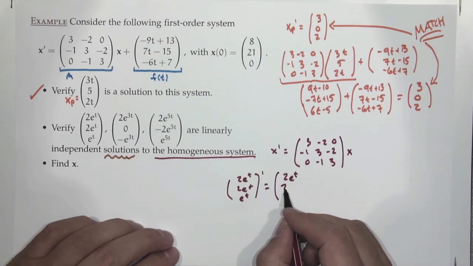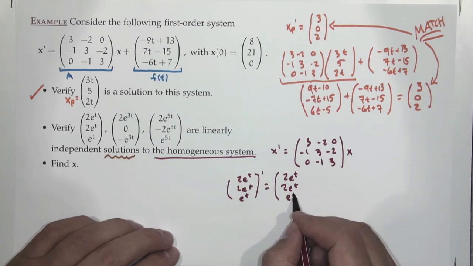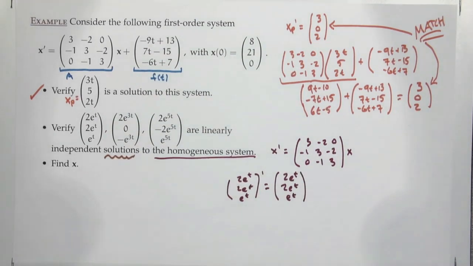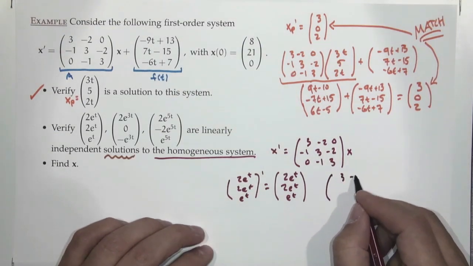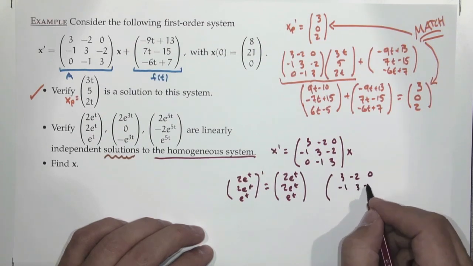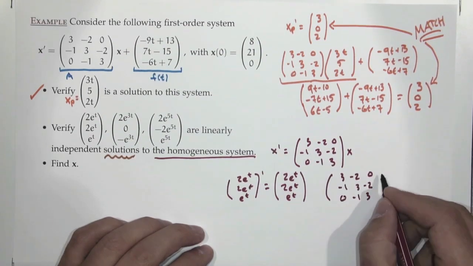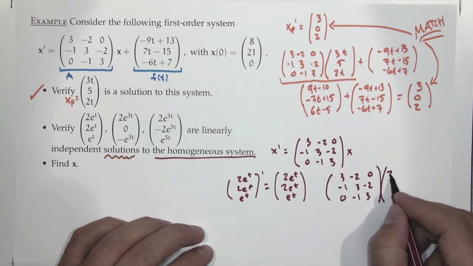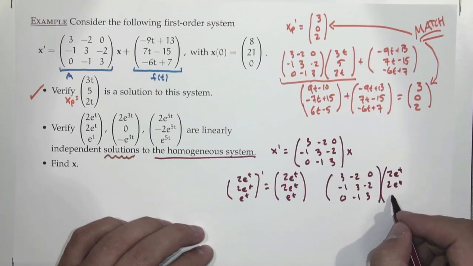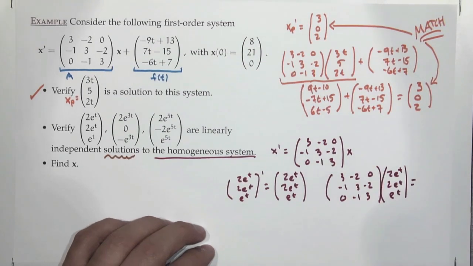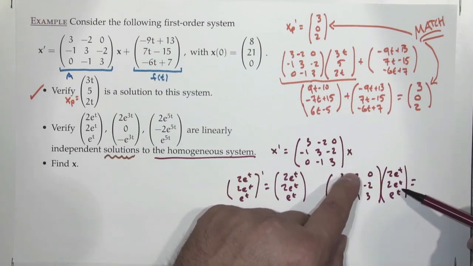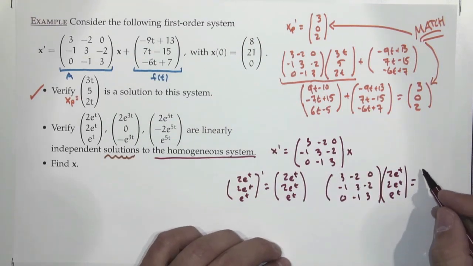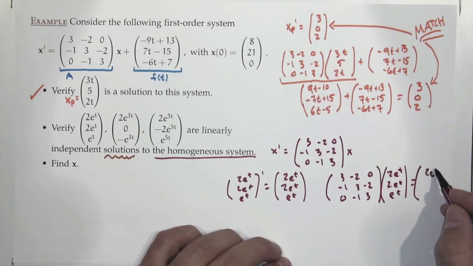2e to the t, 2e to the t, e to the t. Wow, amazing. Well, it's because the derivative of e to the t is e to the t. So that's not that surprising, maybe. And now we have, of course, the rest. That's one side. And now we do our multiplication. 2e to the t, 2e to the t, e to the t. Okay, so 6e to the t, subtract 4e to the t plus 0 gives us 2e to the t.